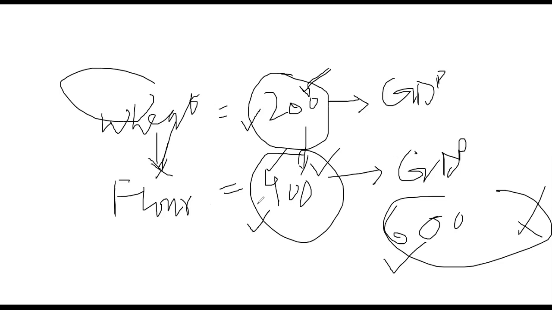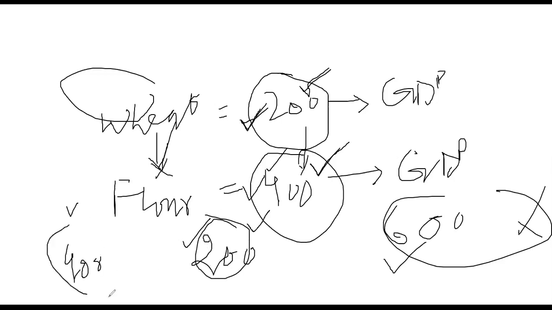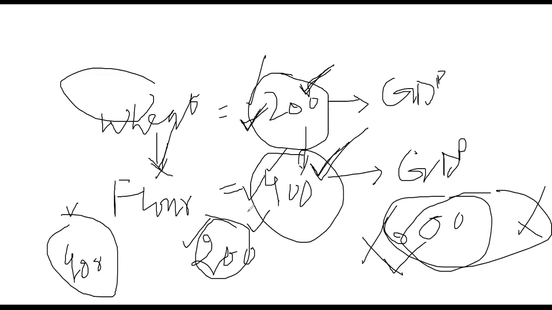So in order to avoid multiple counting, either we take the value of all final goods and services, or else we take the value addition. For instance, here it costs 200, here it becomes 400, the value addition is 200 in the case of flour. So if we calculate this, GDP becomes 400. If we calculate the whole of it, it becomes 600, which is multiple counting because this 200 is included in this 400.